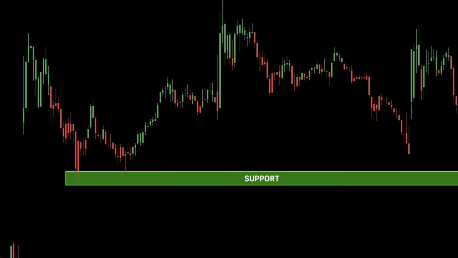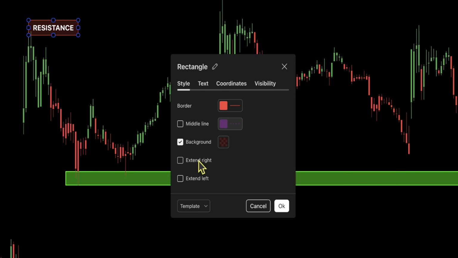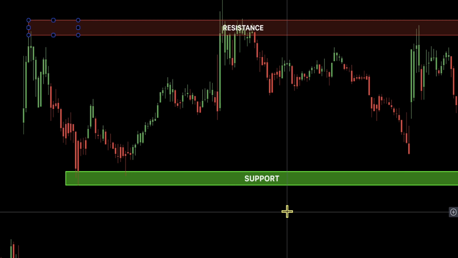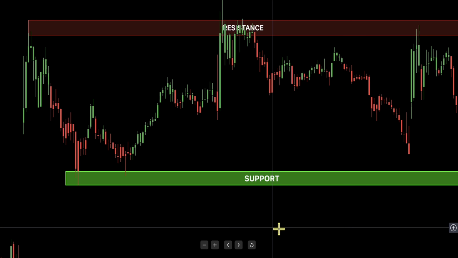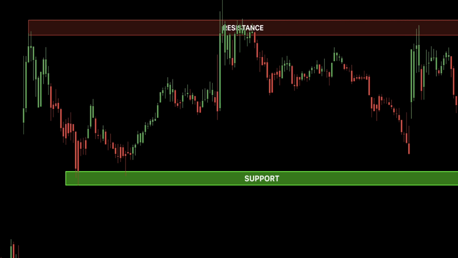Now, when you are trading, it doesn't matter if it's during the day or if you're swing trading, you want to have your support and resistance levels marked off. Now that I've found my support, guys, I'm going to mark off my resistance area. And again, I'm going into my settings and hit extend right so that I have that level for the rest of the day and the rest of the week.